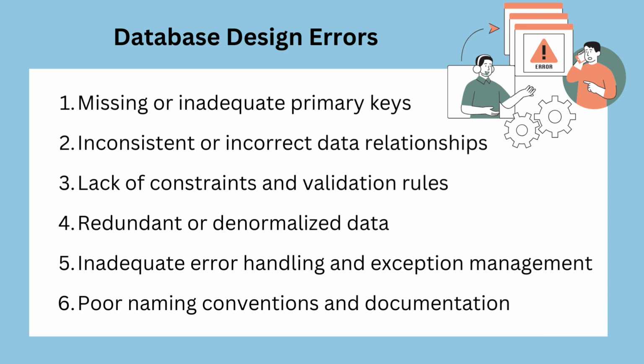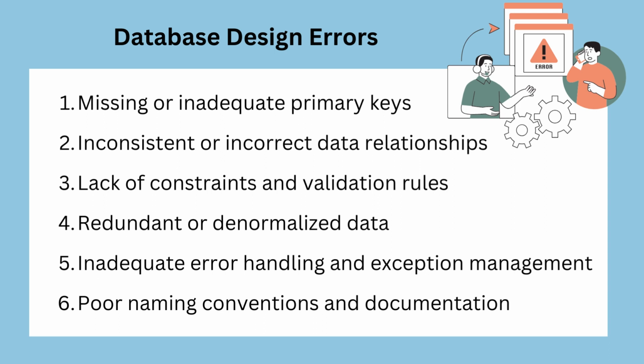So denormalization, which involves combining data from multiple tables into a single table for performance reasons, can also introduce logical integrity problems. Inaccurate updates or deletions can result in inconsistencies between the normalized data and the original source data.